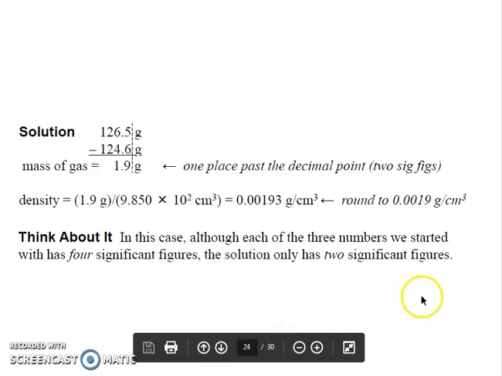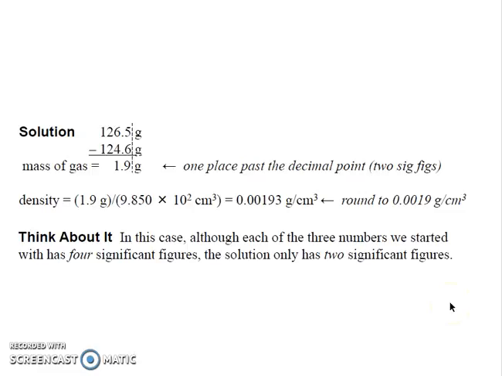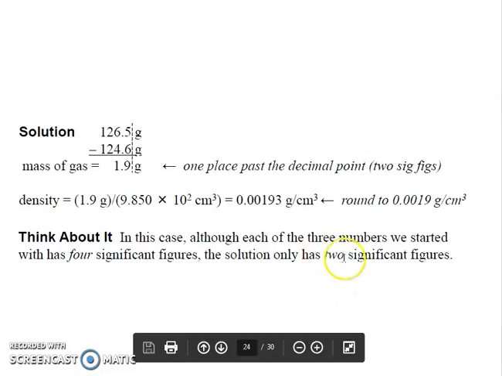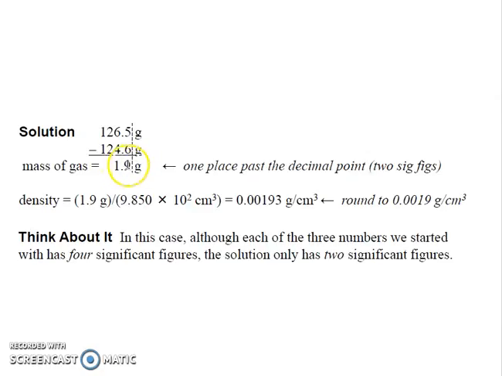If you think about this, although each of the 3 numbers we started with has 4 significant figures, the solution only has 2 significant figures. So it's kind of a trick, and the trick comes from remembering the addition and subtraction rule, looking for that lowest number of decimal places.